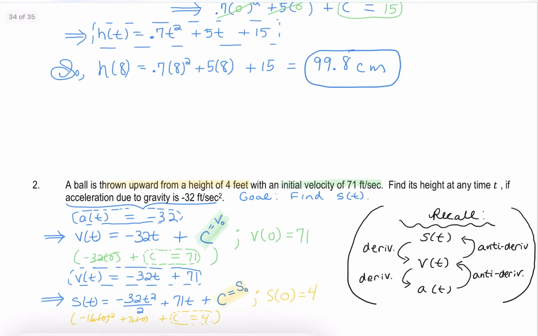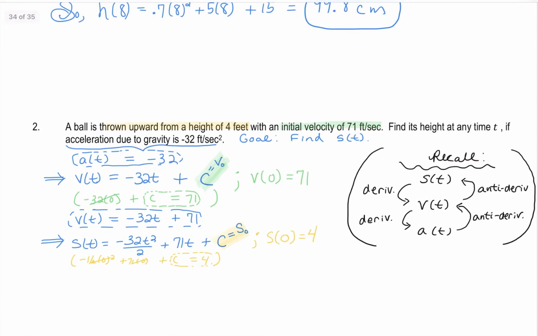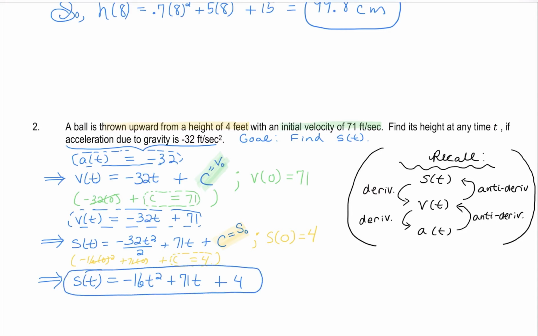So we now know that our height position function is negative 16t squared plus 71t plus 4. And that was really the whole goal of this particular problem.